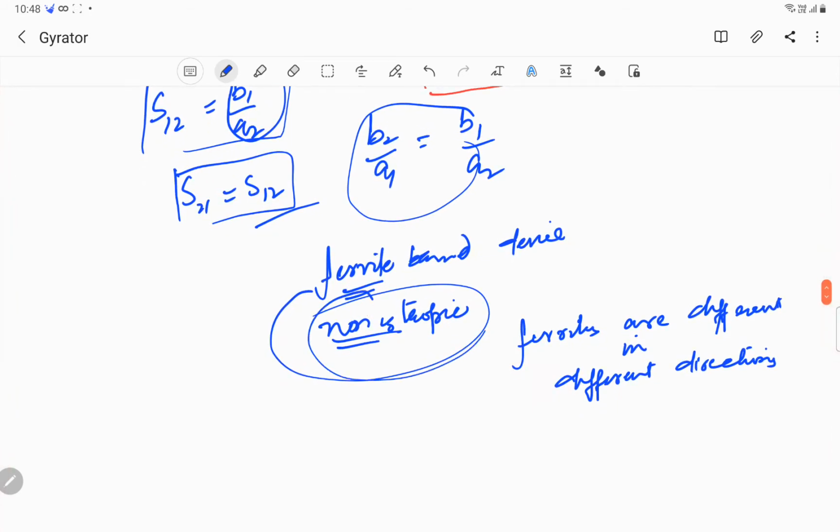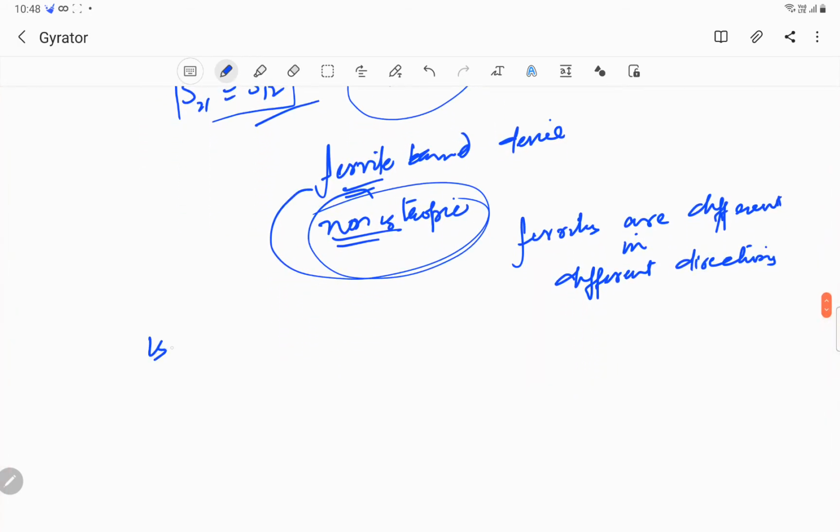For isotropic materials, the properties are the same in all directions.